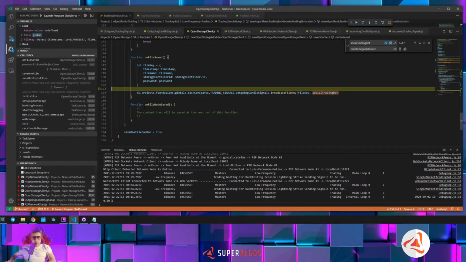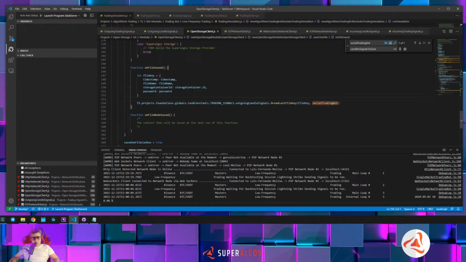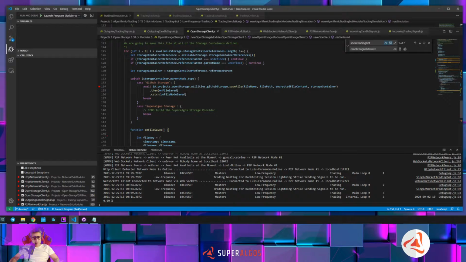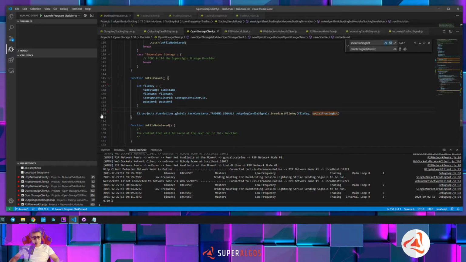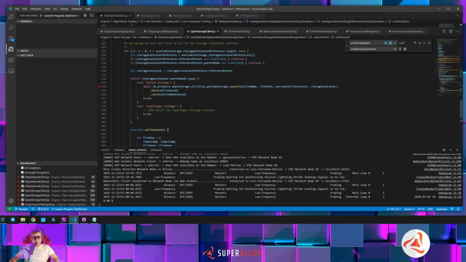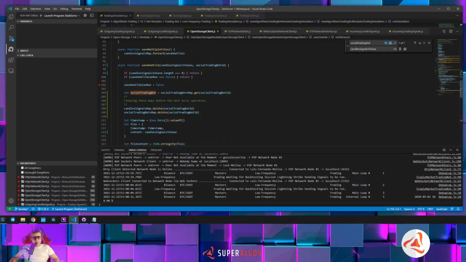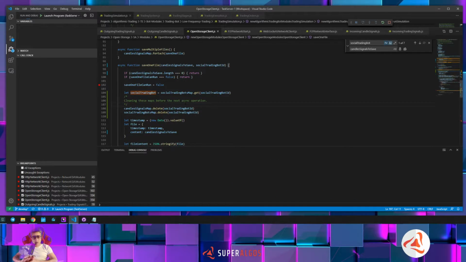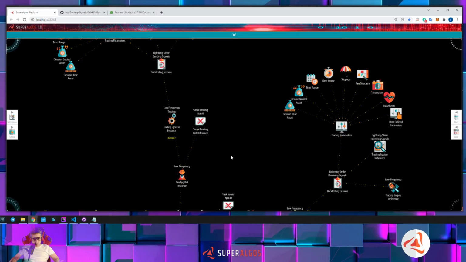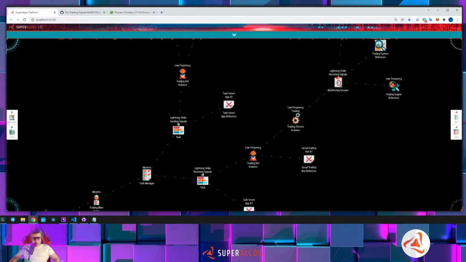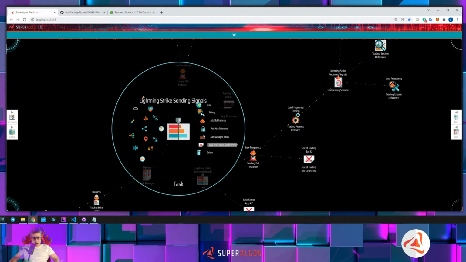So if we continue here, okay, I got a little bit lost, so I'm going to redo it from here. Here we go again. Debug.